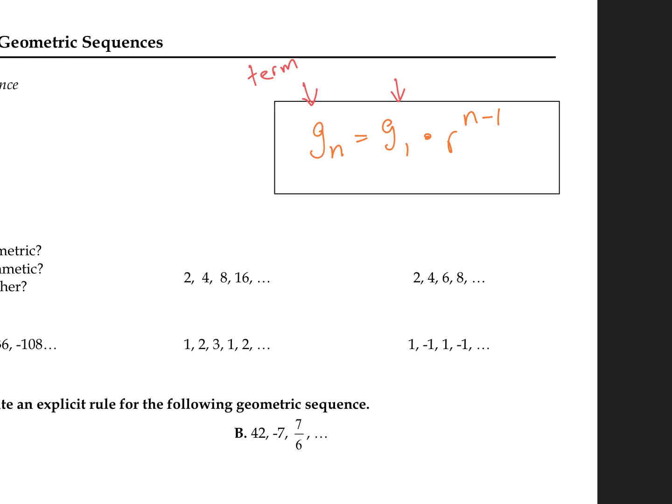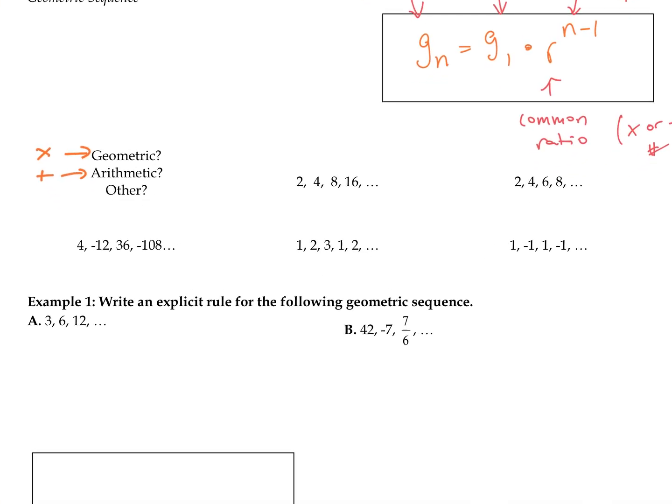G sub 1, it's got a 1 as a subscript, so that is always your first term. R is going to be what we call the common ratio, so that's going to be the number you're dividing or multiplying. And n is the number of the term you're trying to find. So we'll get to that when we get more into the explicit rule.